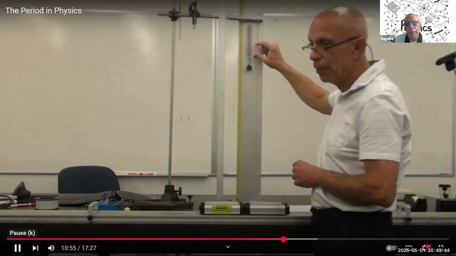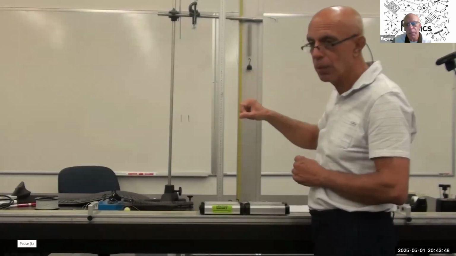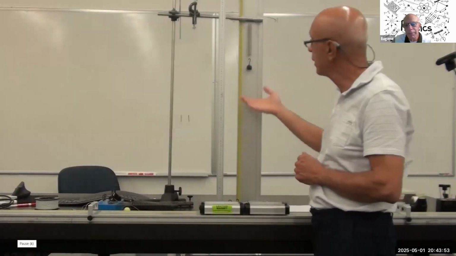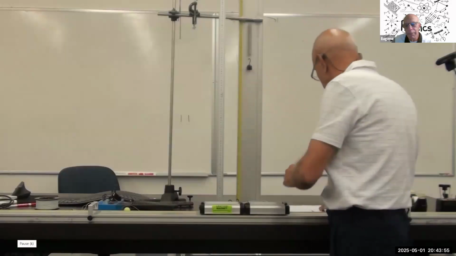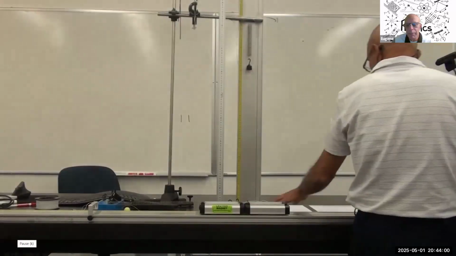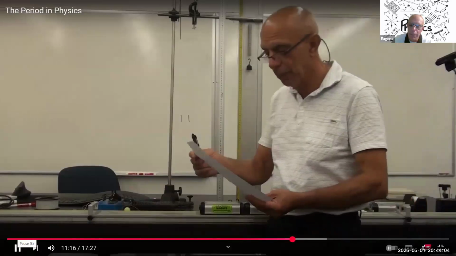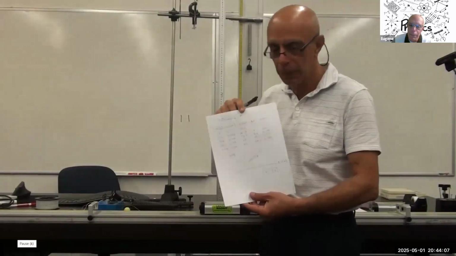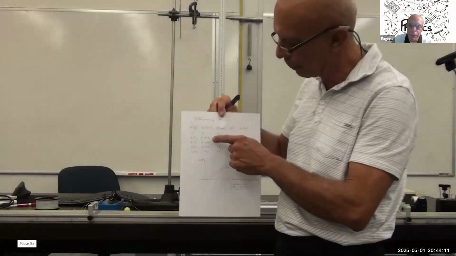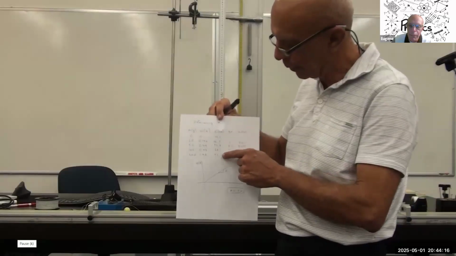If we measure this value and we measure the mass, we can calculate the spring constant. This is basically Hooke's law. And what we see here, I made some measurements. I calculated the mass and the force and the distances.